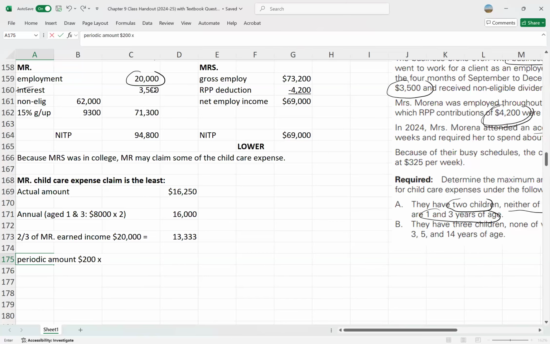Now there's 2 kids. And then we're going to multiply it by the number of weeks that she was in college, which is 12 weeks. And so this is going to be 200 per week times 2 kids times 12 weeks. And so that's going to be 4,800.